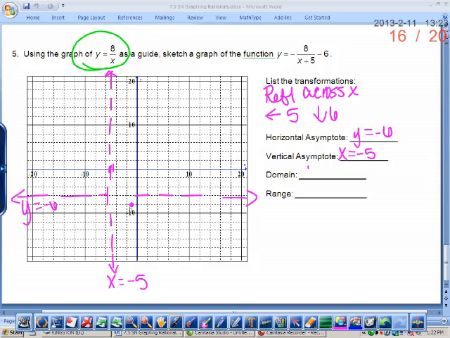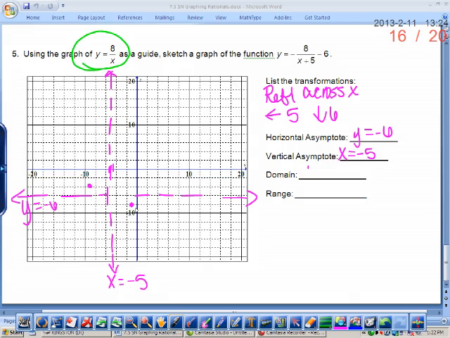So here's my point, (-1, -8). All right, what about (-4, -2)? Reflect across the x-axis, left 5, down 6. (-9, -4).